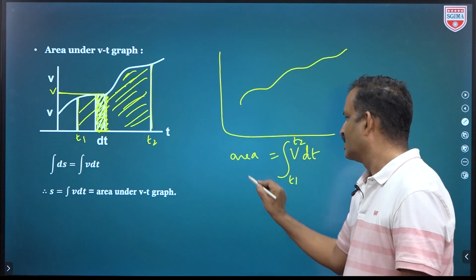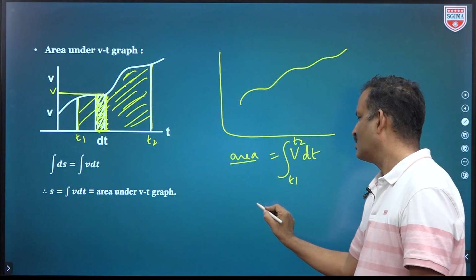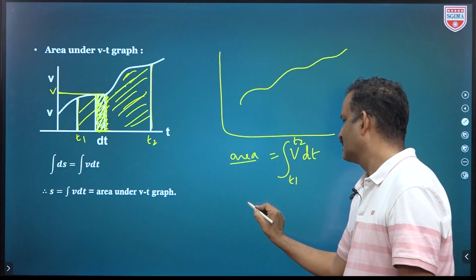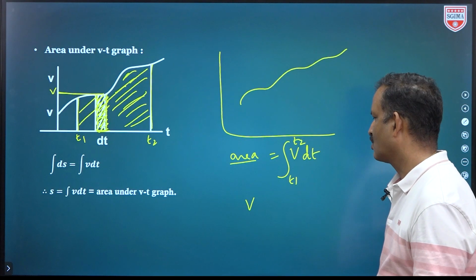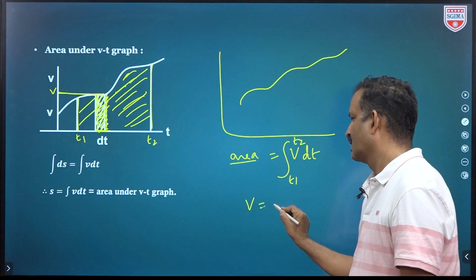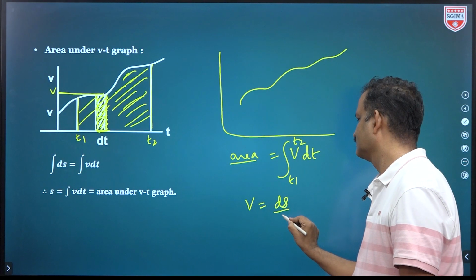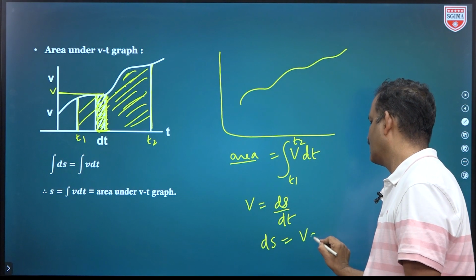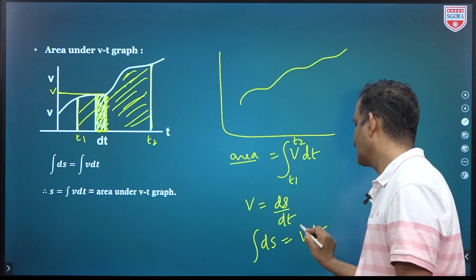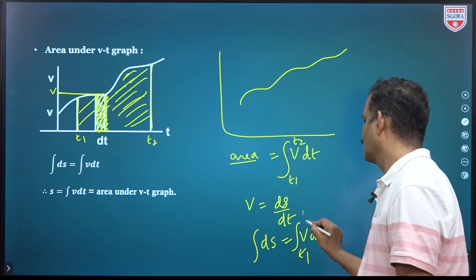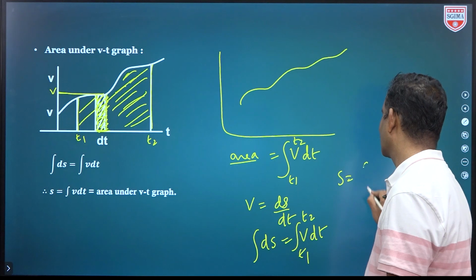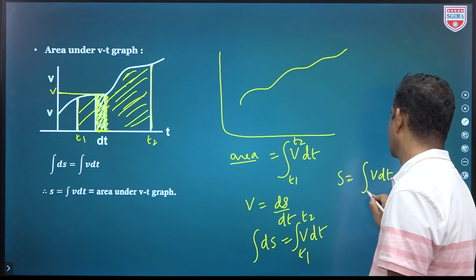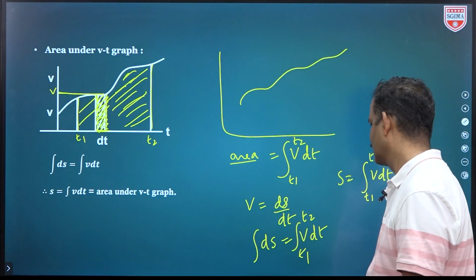But we know that v is equal to ds by dt, so ds is equal to v dt. Total displacement from t1 to t2 is s equal to integral of v dt from t1 to t2.